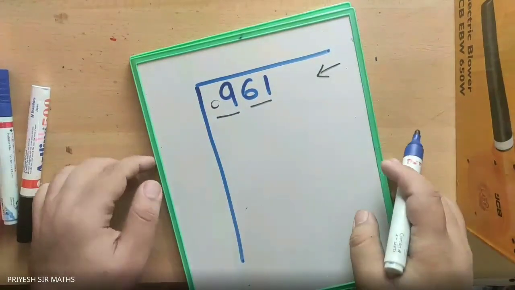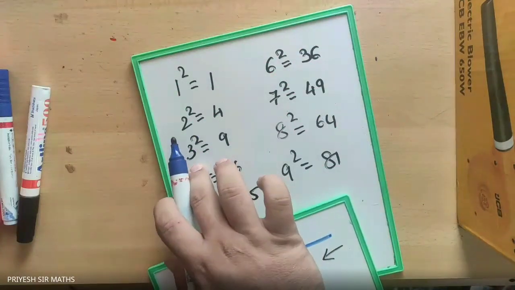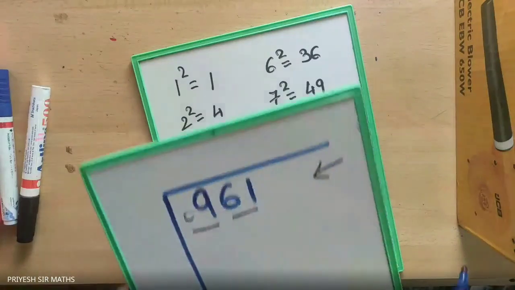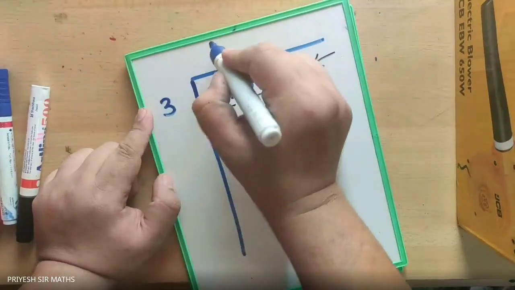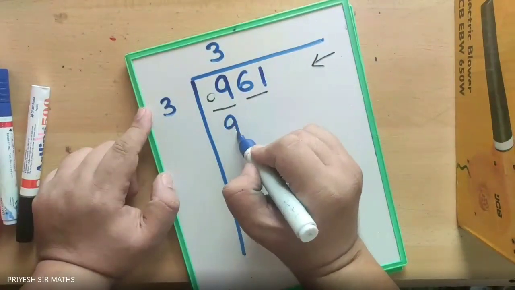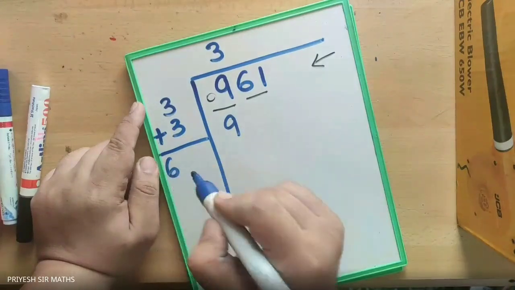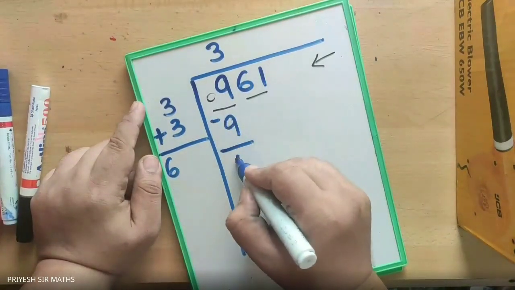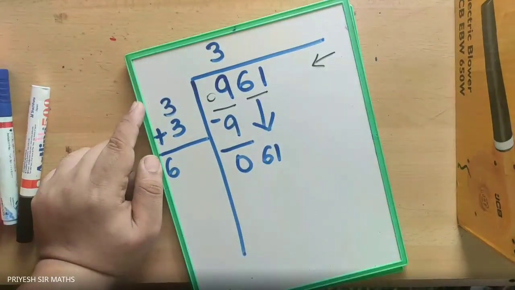First is 9. So where does this 9 come here? Exactly on the 3 square. So what you have to do, you have to put here 3 3s are 9, and 3 plus 3 is equal to 6. Here it becomes 0 and the whole 61 comes down.